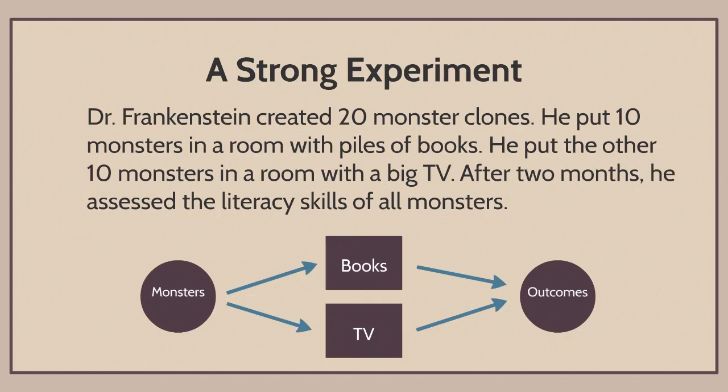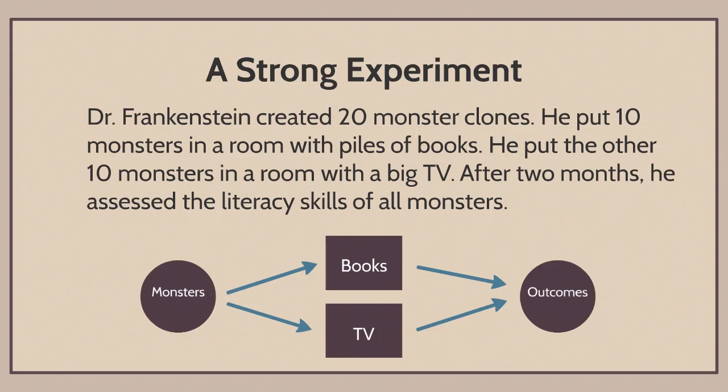Since these monsters are clones to begin with, and obviously this is not a realistic study, but I'm using it as an example to introduce experiments, and then we're going to talk about the more messiness of experiments. But when we have clones rather than people, we have monsters that are all going to behave the same way unless we give them different environments.